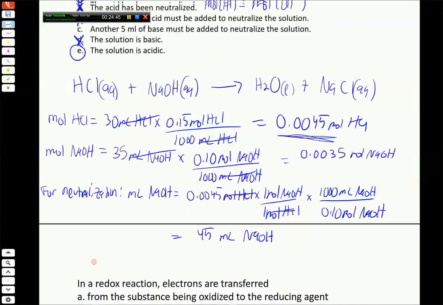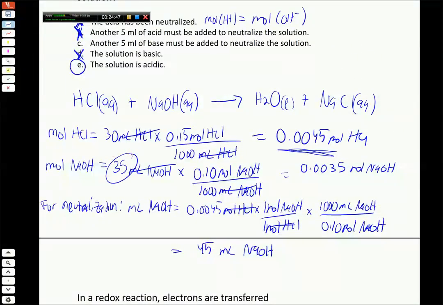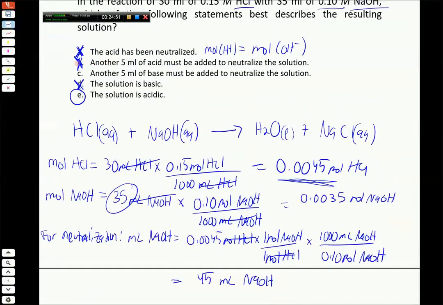At the start of this problem, we've added 35, so we'd actually have to add 10 more milliliters to neutralize, not just 5. So 5 milliliters is not enough to neutralize, so that answer is also incorrect, leaving choice E as the only right one.